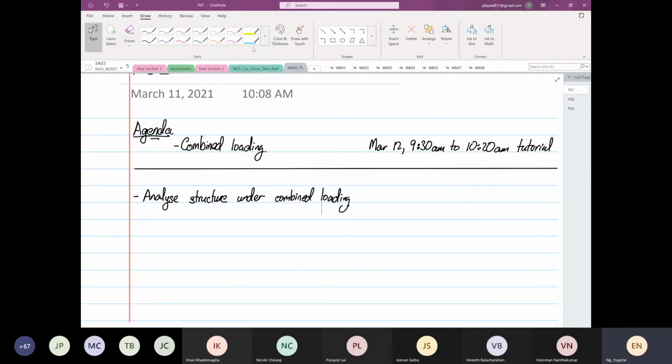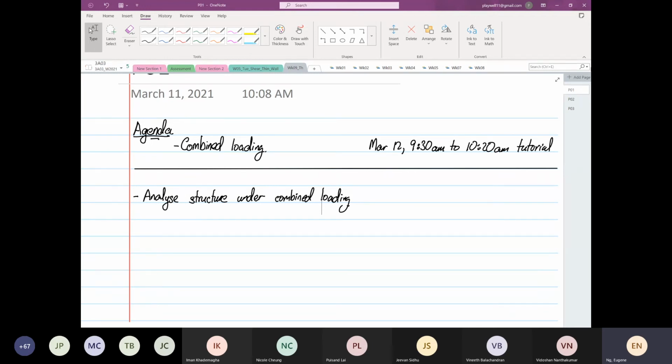So we are going to do combined loading, and before I go into combined loading, we have more or less studied two different types of loading, and there's one more that you all have been taught in 2P04, and I'll tell you what they are.